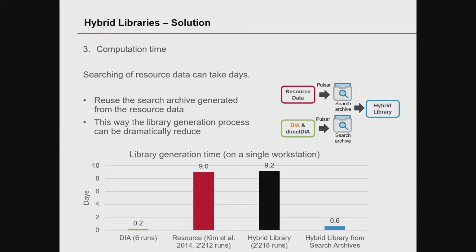And it's still a true consensus in terms of library from these 2,200 runs and these 6 runs here. So it's not some intermediate result of this and this, but it's really a true consensus of all of those runs together, and it still only takes less than a day to generate the library. So that's quite neat.